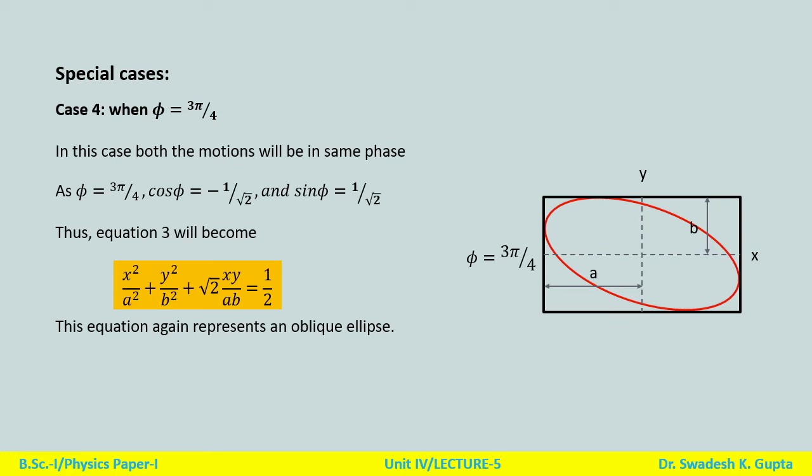Case 4, when the phase difference is 3 pi by 4, in this case cos phi will be minus 1 by root 2 and sin phi will be 1 by root 2. In this case again we will have the equation for an oblique ellipse, but in the opposite manner to case 2, when the phase was pi by 4.